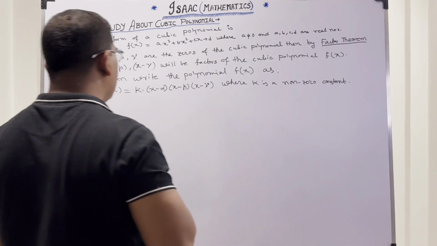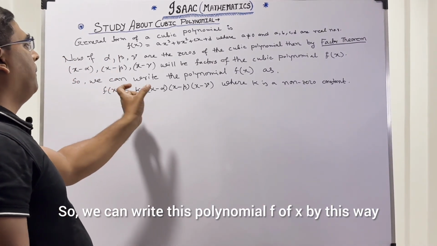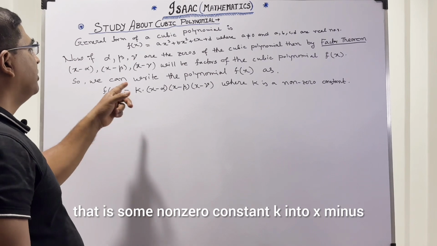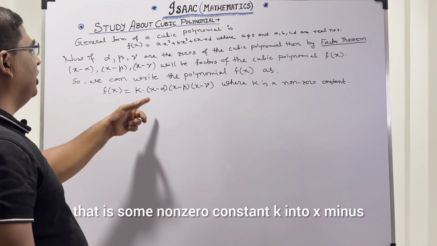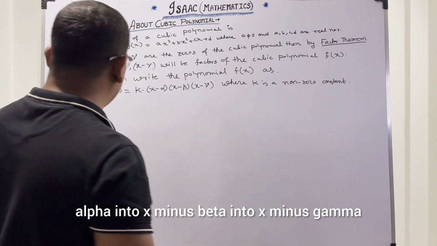Okay. So we can write this polynomial f of x this way, that is some non-zero constant k into x minus alpha into x minus beta into x minus gamma.